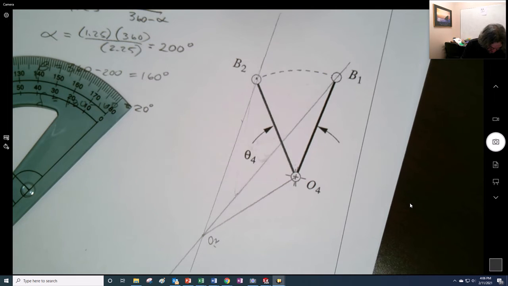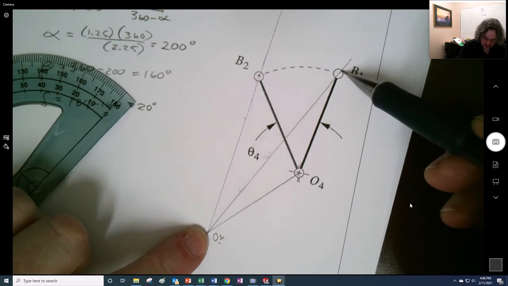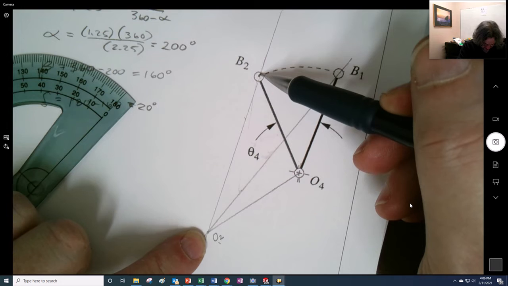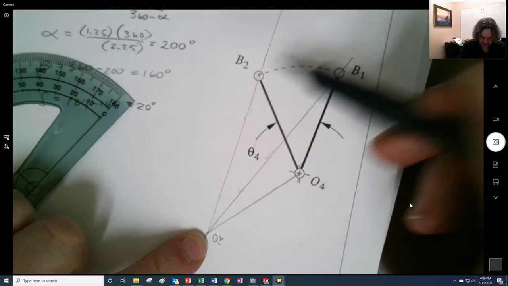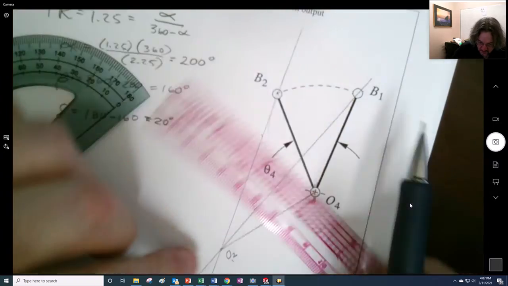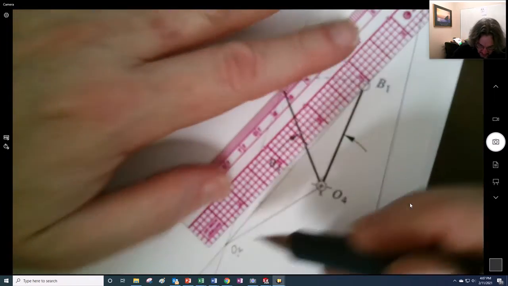And we want to find the lengths of the crank and the coupler by measuring OB, O2, B1, and OB, O2, B2. So we're going to measure these two right here. So let's see. I don't remember doing this.